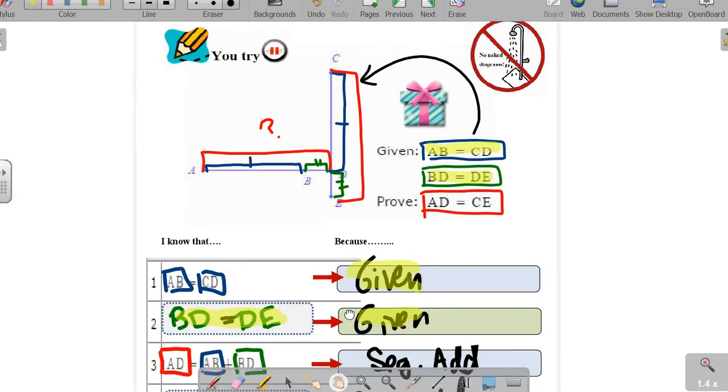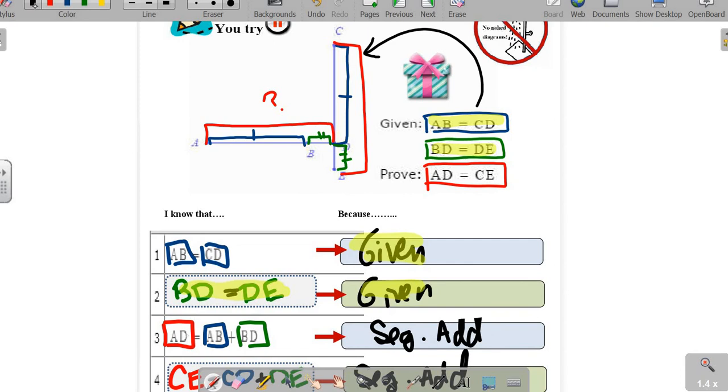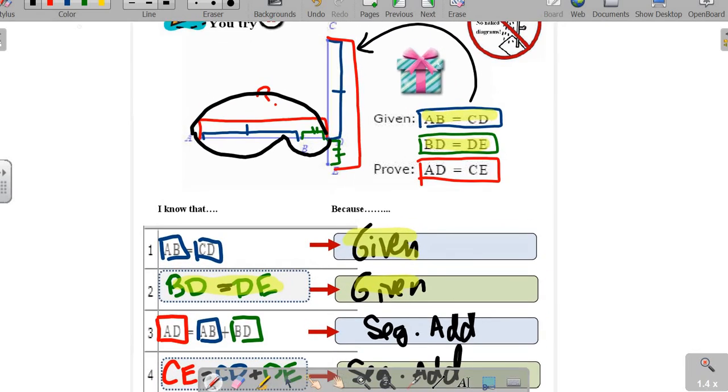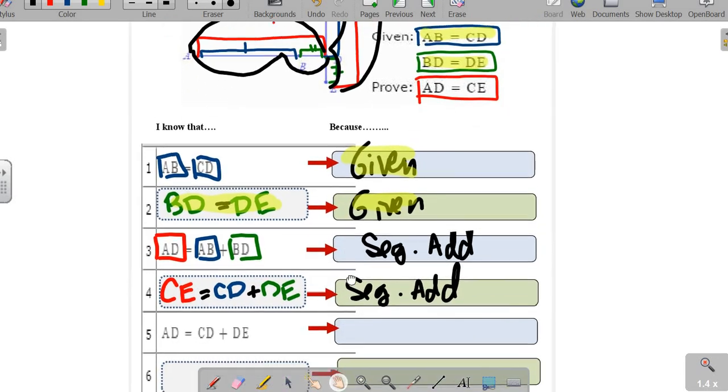We come down here and we ask ourselves, why is AD congruent to AB plus BD? And that's called segment addition. Then we can do the other segment addition up here. CE is equal to CD plus DE, also segment addition.